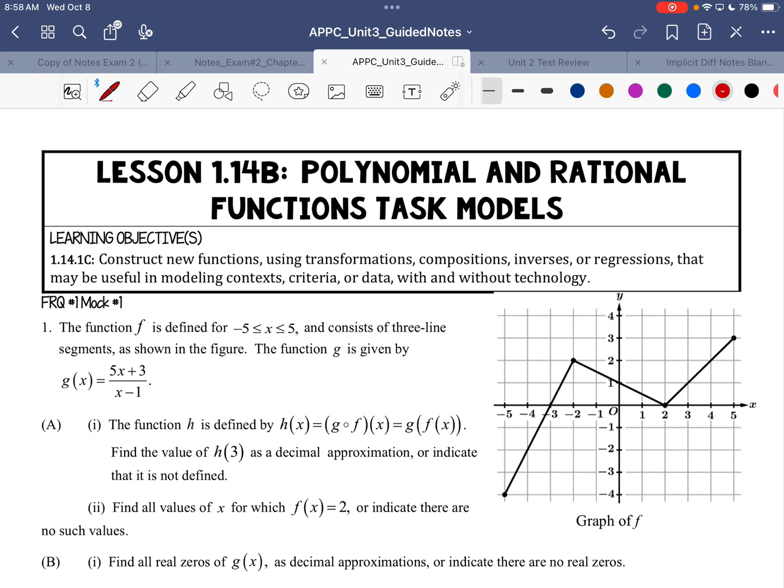Okay, so 1.14b is basically helping you realize and be able to answer correctly free response question 1 and free response question 2. The thing that's nice about the pre-calc exam is that it's very predictable.